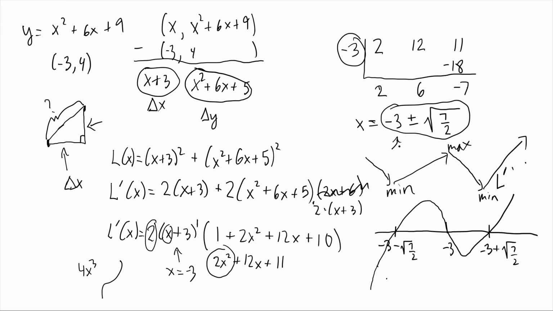So in order to find the minimum distance, what would we do? We'd have to plug in one or both of these and check to see if one's less than the other, or maybe they're both the same. Plug them into the actual, well, this is the square of the distance, right? So if you plug these into the square of the distance and then square root that, you would get the actual minimum distance length.